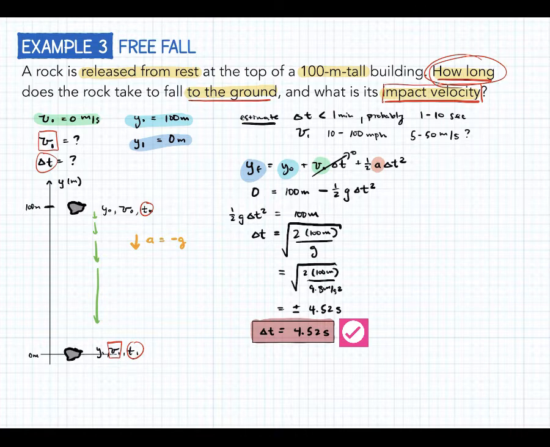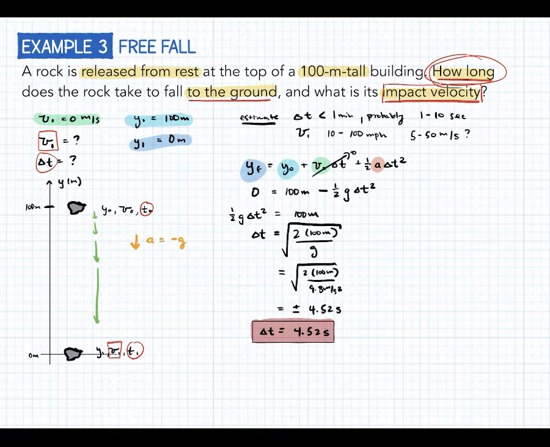Because we already know the time, we can use either of the other kinematics equations, but the one that's probably most useful to find the final velocity is the one that has final velocity in it. There are two that we could use, and either of them will work fine.